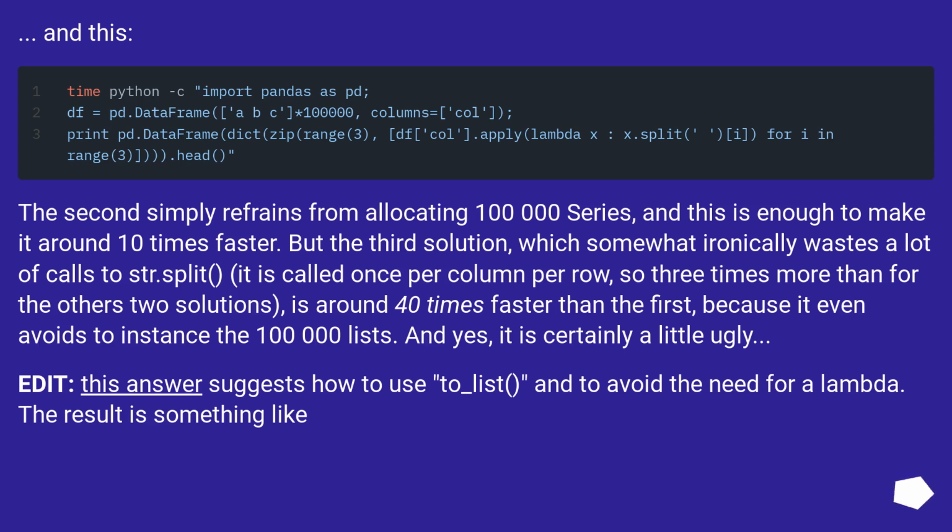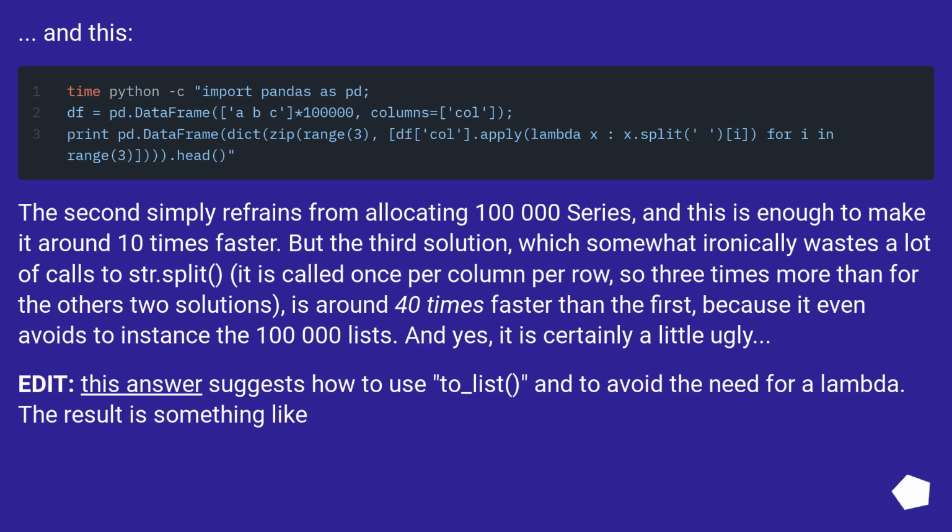But the third solution, which somewhat ironically wastes a lot of calls to str.split, it is called once per column per row, so 3 times more than for the other 2 solutions, is around 40 times faster than the first, because it even avoids instantiating the 100,000 lists. And yes, it is certainly a little ugly.